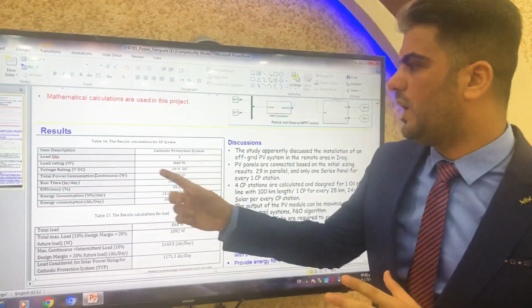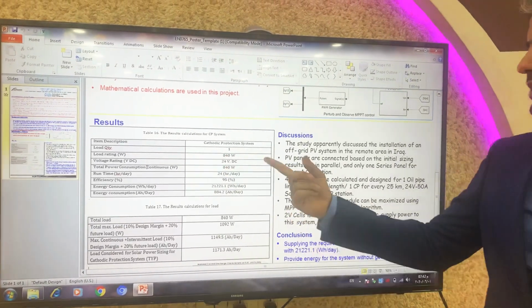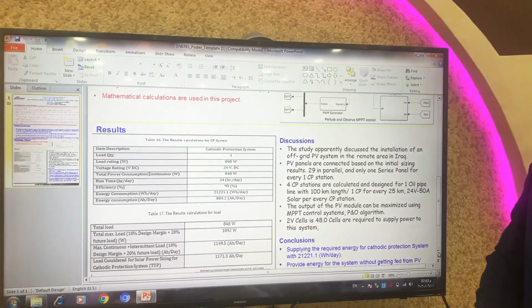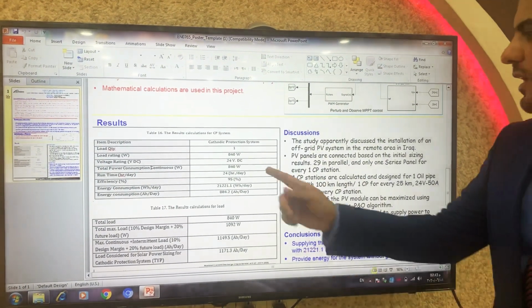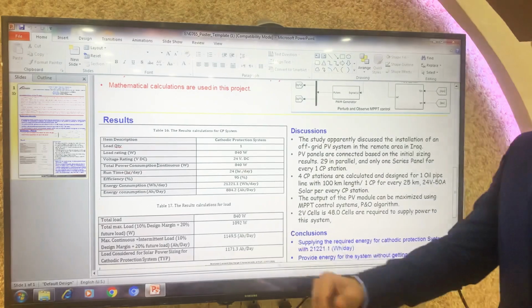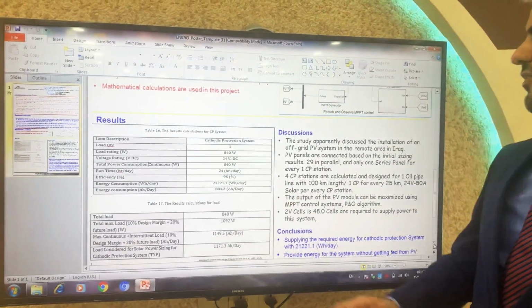The load rating is 840 watts. For voltage rating I use 24 volt DC. The total continuous power consumption is 840 watts. The runtime is 24 hours per day. The efficiency I use is 95%.